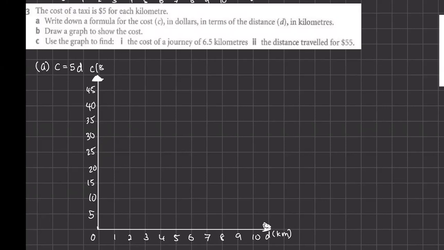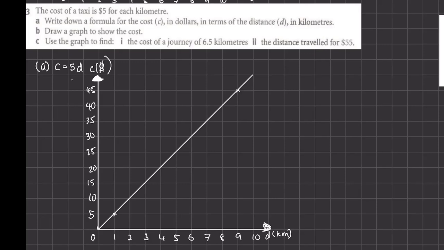So this is in dollars. Now, I just need to do it. Every 1 kilometer is 5, and then at 10 kilometers, it should be 50. There's no 50 here. Let's just do it at 9. So just draw a line from 0 until here. I can draw over it, no problem.